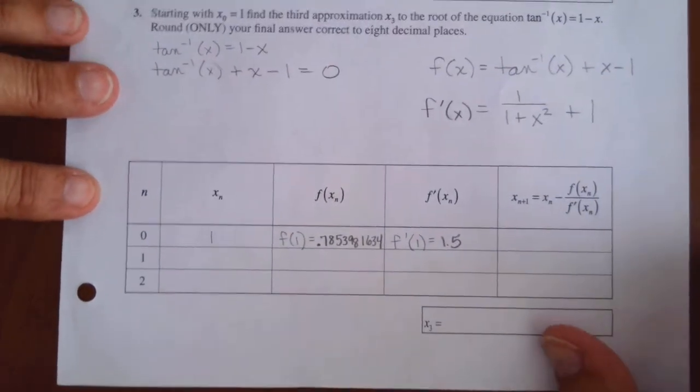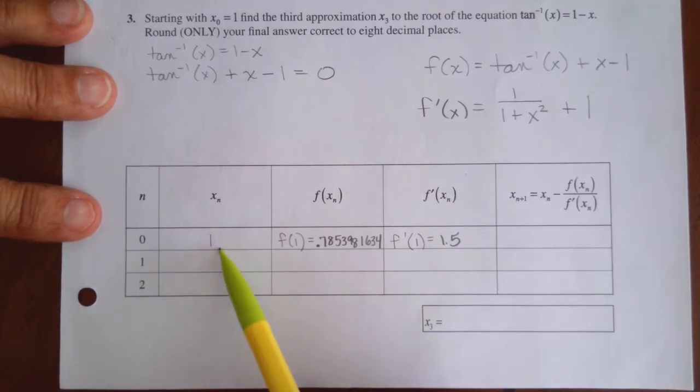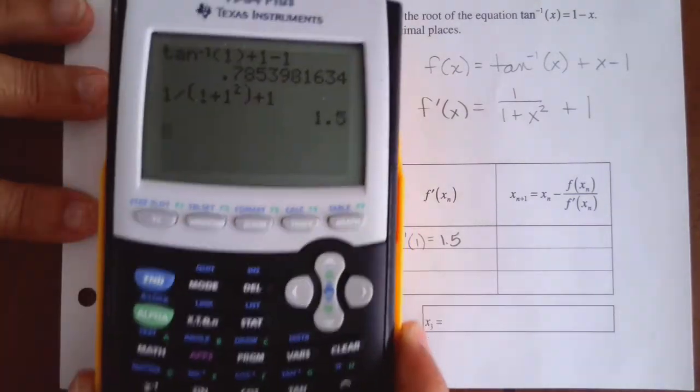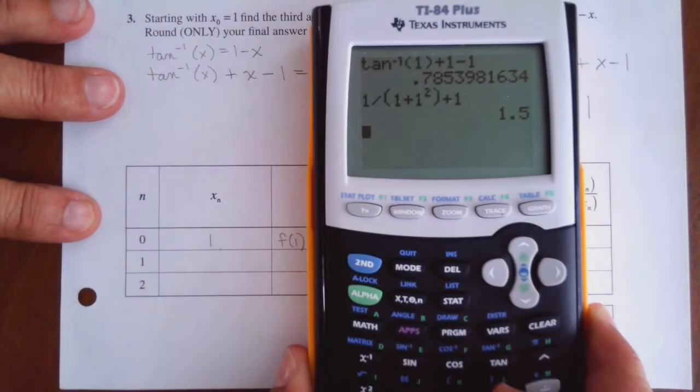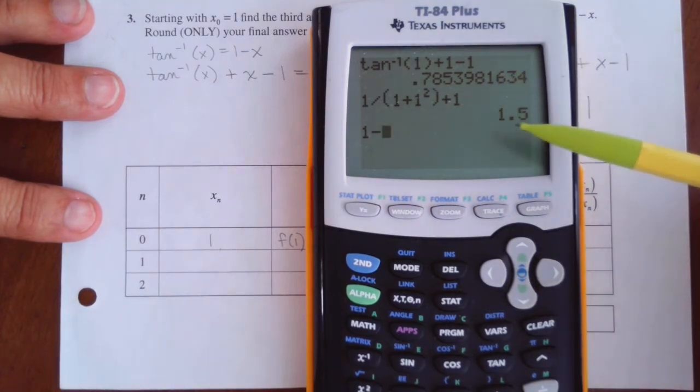All right, now to get this number, we're going to take this minus this divided by this. One of the things we're going to do on this calculator is use our copy and paste. So we need our initial value, 1 minus, and then here's the function value, and there's the derivative.